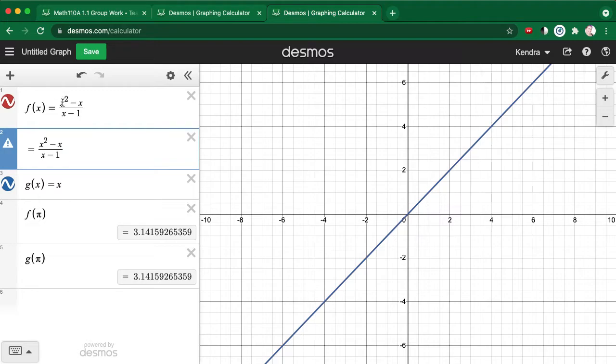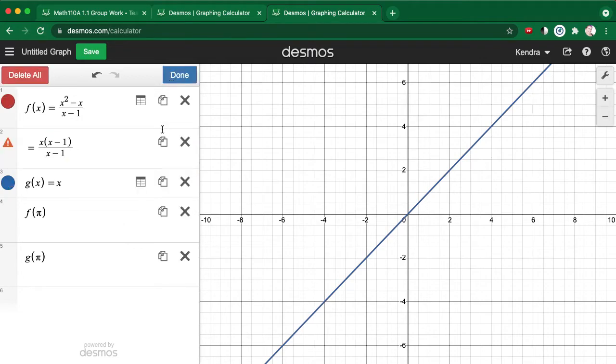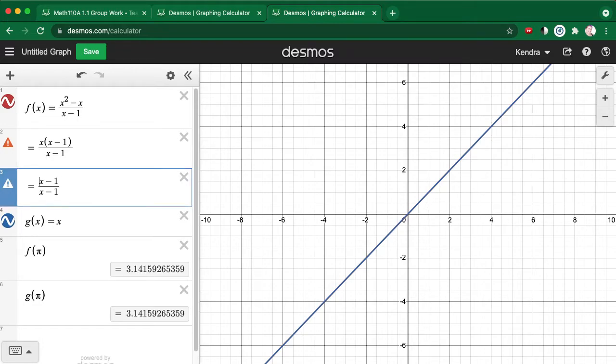So factoring out an x from the numerator, that would mean this is going to be x times x minus 1. And then this is the same as x times that fraction.